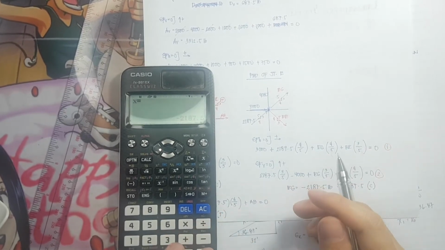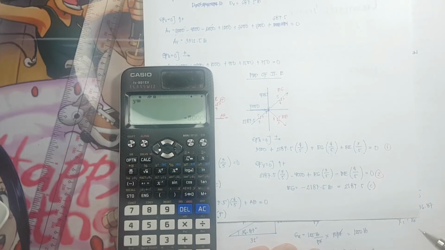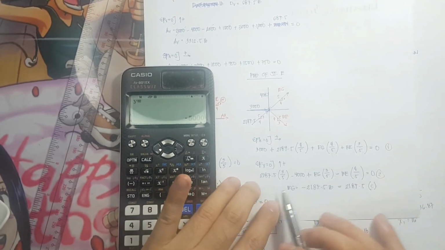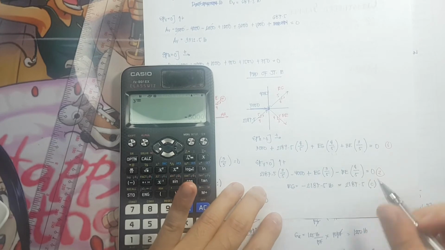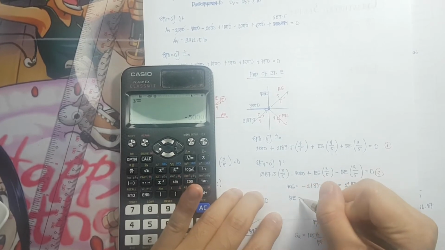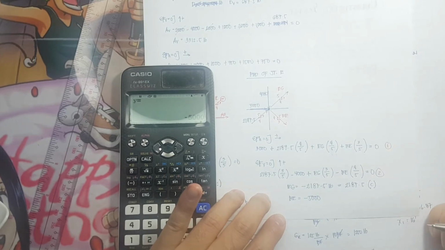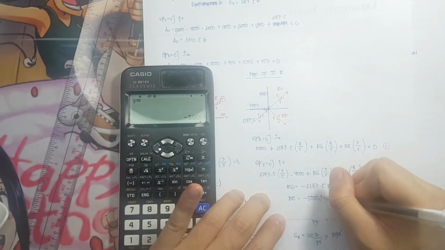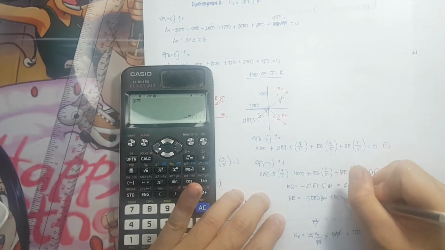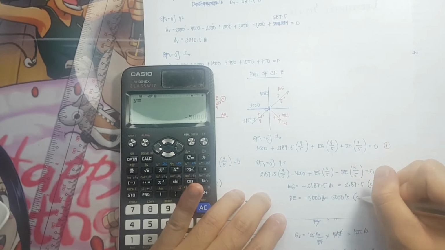Then we have BE. BE is equivalent to negative 5,000. So again, it is in compression. So we have 5,000 pounds, and that is in compression.